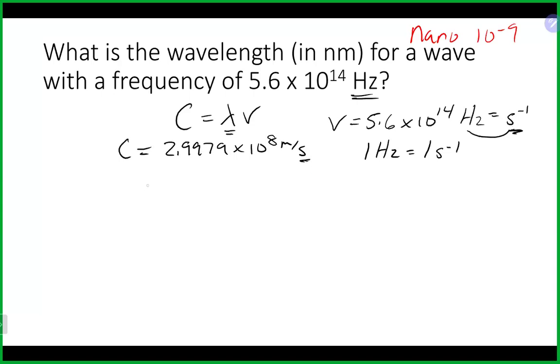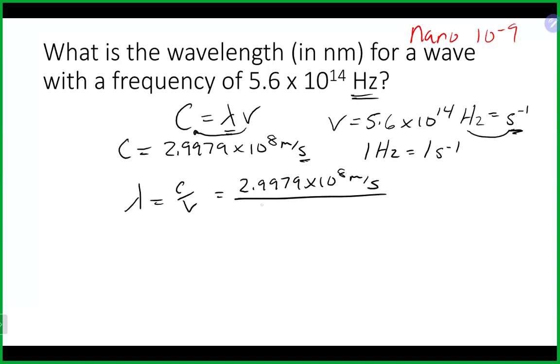We're going to solve for our wavelength by dividing by the frequency on the other side, which gives us c divided by the frequency. The good news on this rearrangement is it's always the speed of light divided by the other thing, so the wavelength or frequency. Here we'll put in 2.9979 times 10 to the 8 meters per second divided by our 5.6 times 10 to the 14.